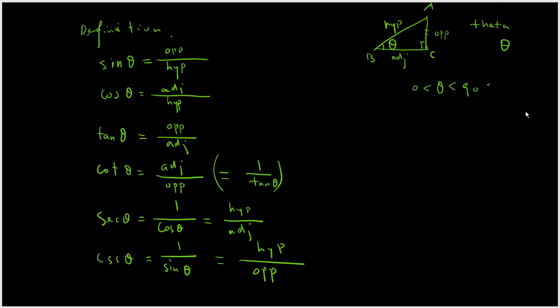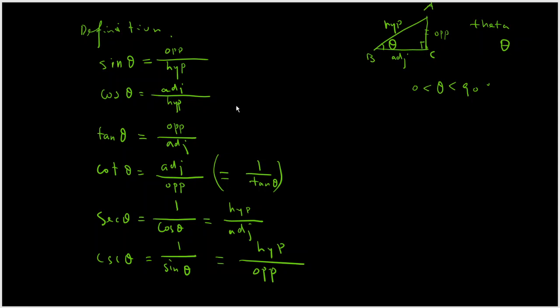Now I'm going to generalize the definition to any angle. I wanted to mention the SOHCAHTOA thing because I want you to try to memorize the general definition. It's coming from the SOHCAHTOA thing, but it's going to be more general. For any angle, it's possible to define all the trig values.